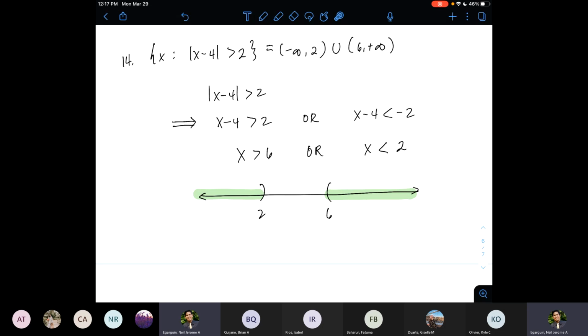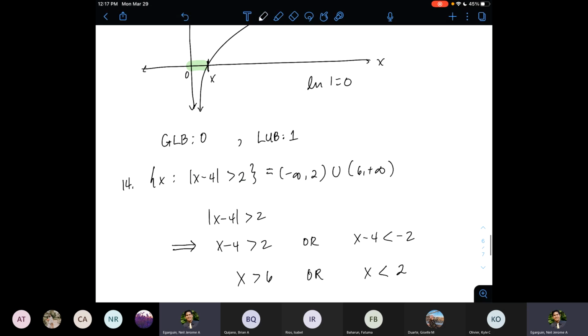And since we cannot find an upper bound, there cannot be a least upper bound. So there is no GLB nor LUB because this set is unbounded, right? Okay. Now, you need to recall how to compute absolute value inequalities like this.